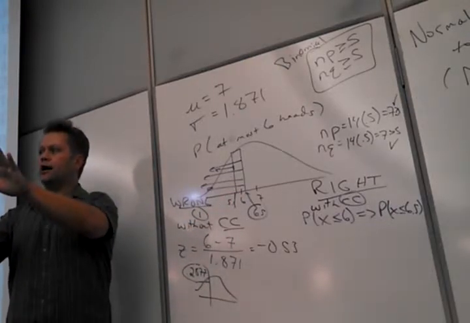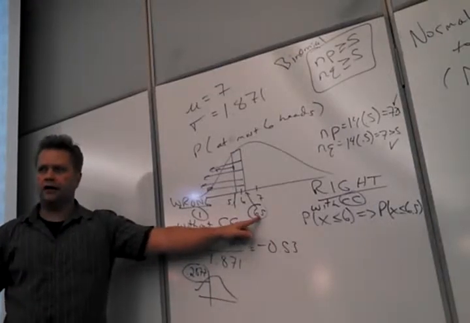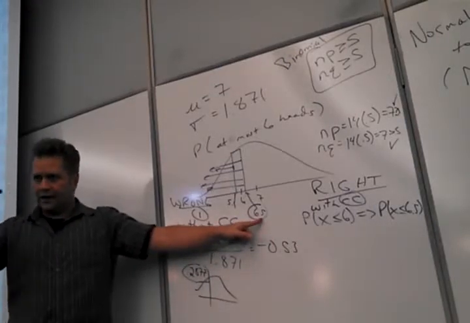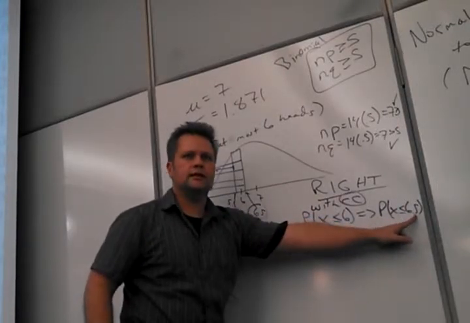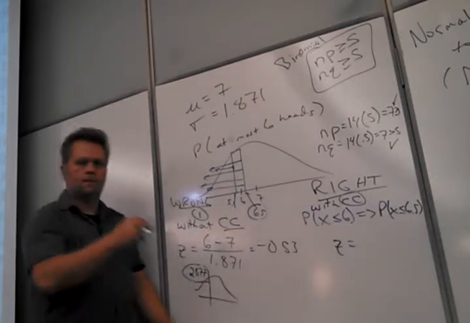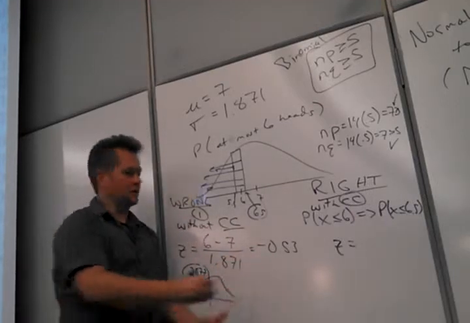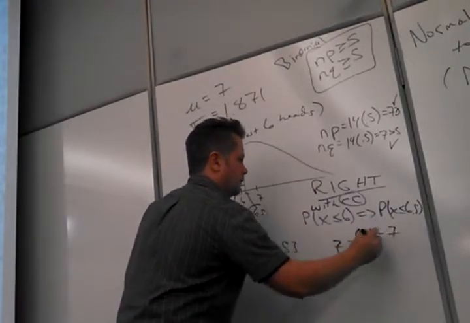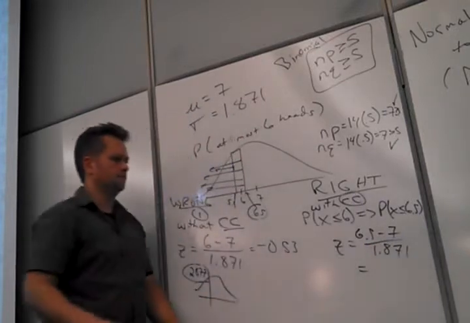We'll focus on continuity correction in just a second, but I think we were all cool with 6.5. We're realizing now that there's a little more to this. So now, if you make a z-score out of 6.5, what would that look like? Same thing here, just with the 6.5.